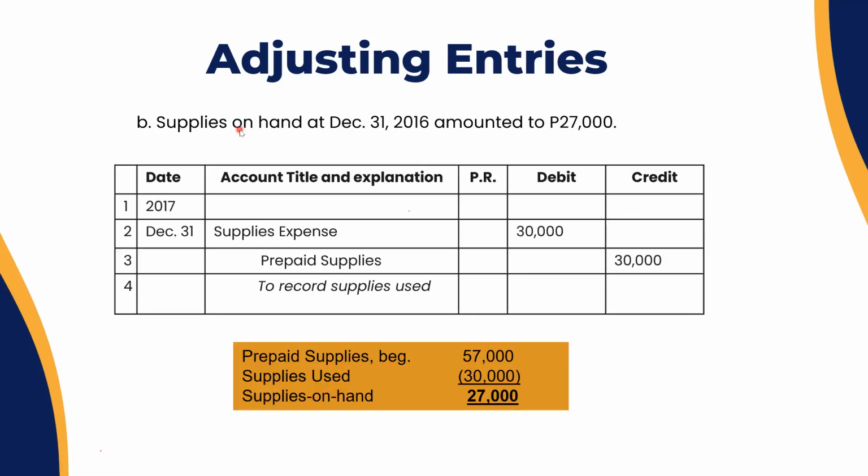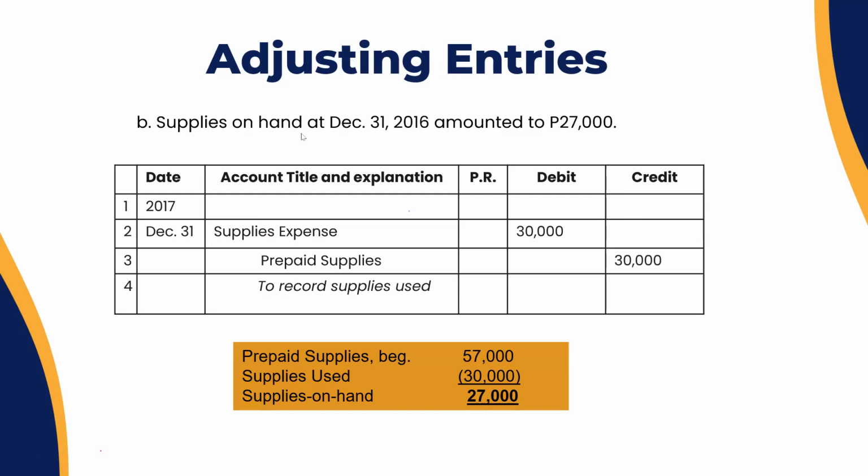Next, if you remember also, nung nag-start tayo no October, we bought supplies, 'di ba? Sorry guys, wag niyo na lang i-mind itong year. Yung 2016 kasi 2017 tayo sa problem, wag niyo na lang i-mind.